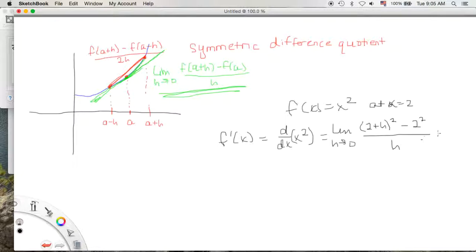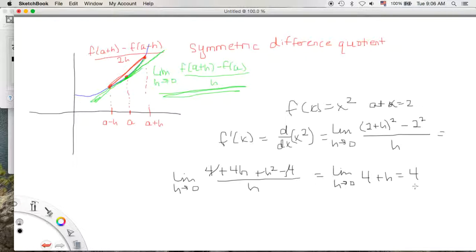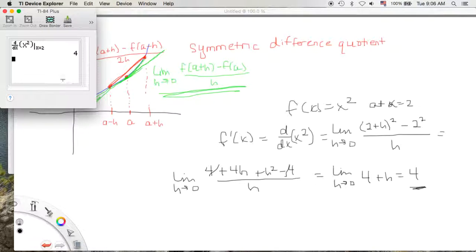We calculate that all out, and we get 4 plus 4h plus h squared minus 4, all over h. Taking the limit as h goes to 0, those cancel, and then we can also cancel out an h, and we get 4 for our limit here, which is what they got on the calculator.